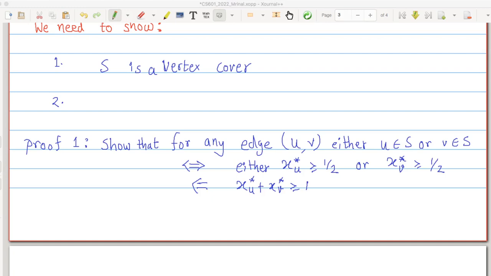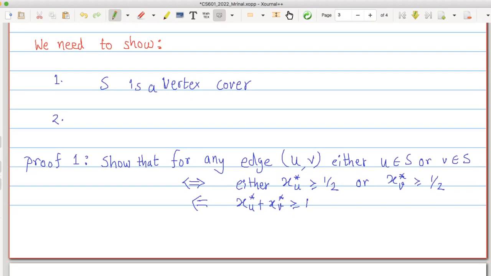Now, what is the next thing we want to show? The next thing we want to show is that S is close to, or approximately, an optimal vertex cover.